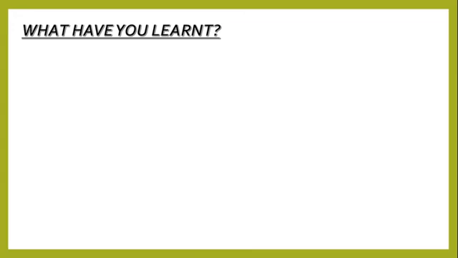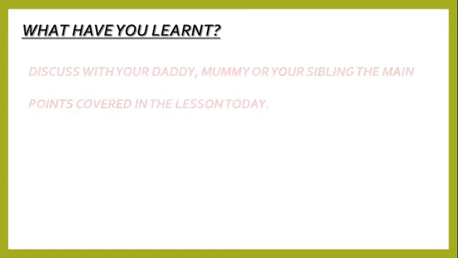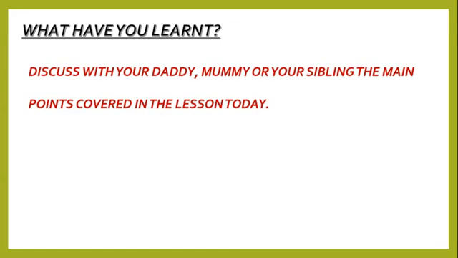These stages follow seedling or young plants, and they are flowering, pollination, and fertilization. Each of these stages was explained in detail. You can as well discuss the summary of what we have learned today with your mommy, daddy, or your sibling.